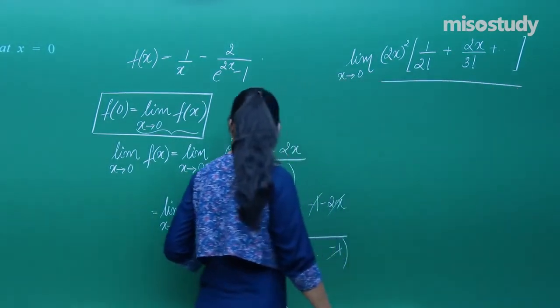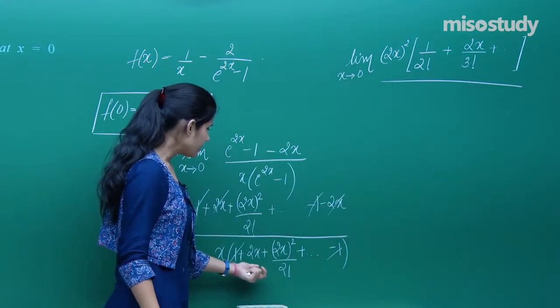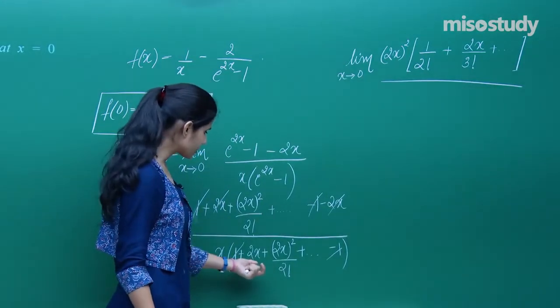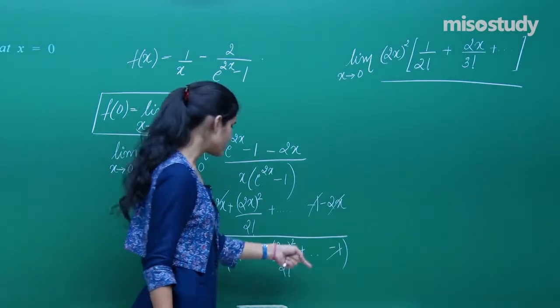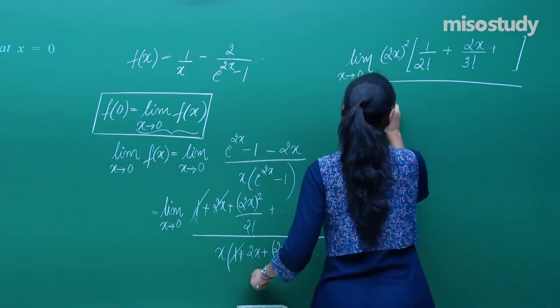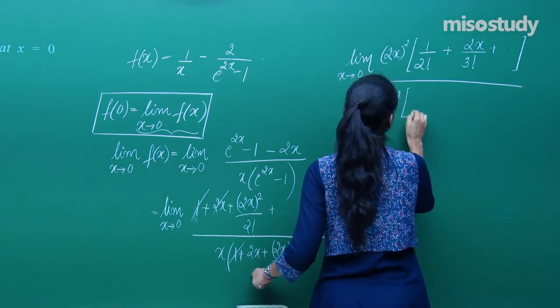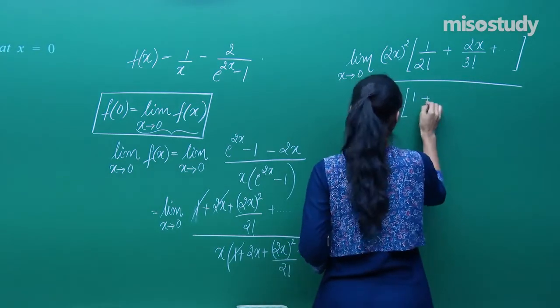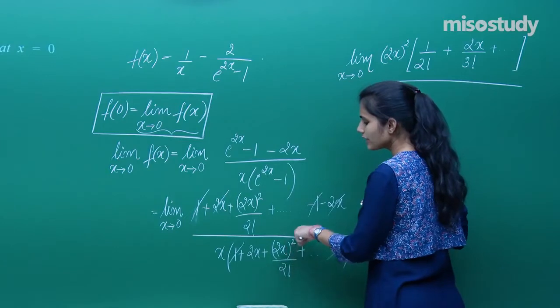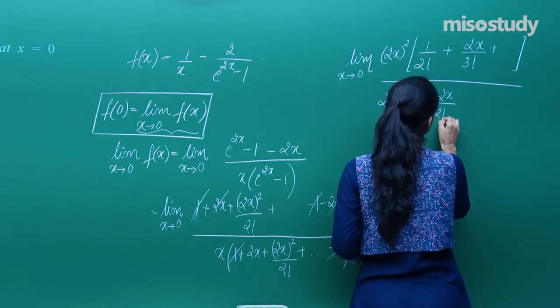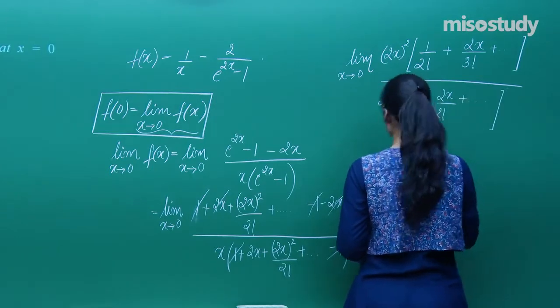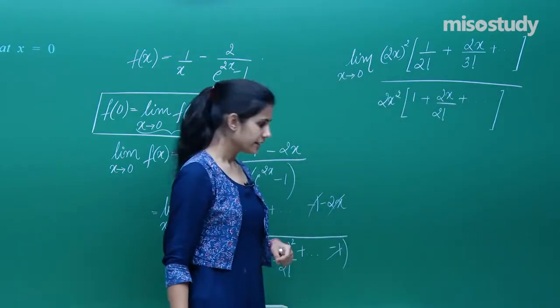Whole upon, if you see carefully, this is 2x square, right? This is 2x into x, 2x square plus 2x whole square into x by 2 factorial and so on. So what I do in the denominator is I take out 2x square common. I am left with 1 plus 2x by 2 factorial and so on. Clear?